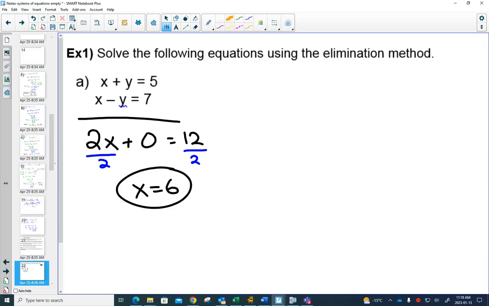You can choose either one to solve for y. Let's say I choose, right, I should label these. This is my equation 1. This is my equation 2. If I go to equation 1 and I plug in 6 for x, I could subtract 6 on both sides to get y.